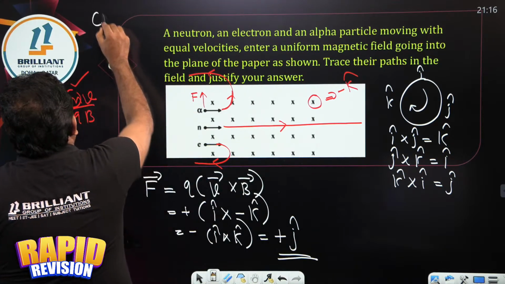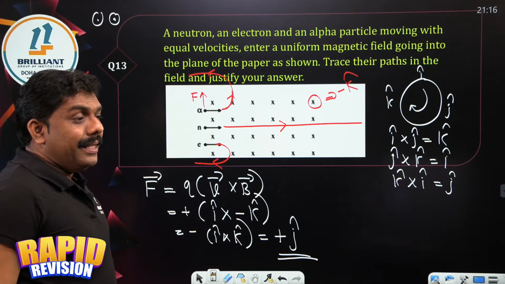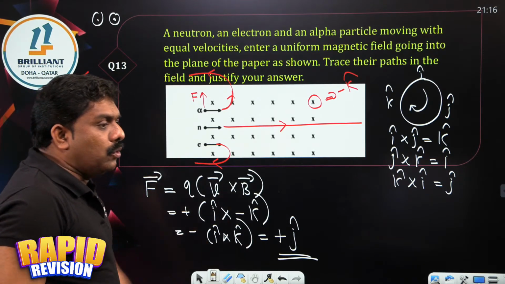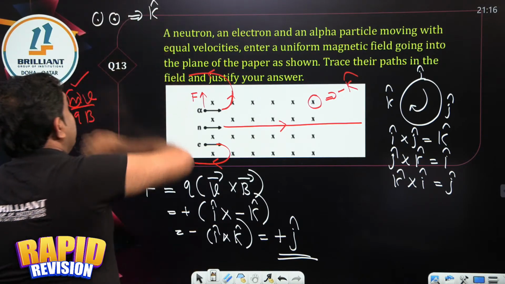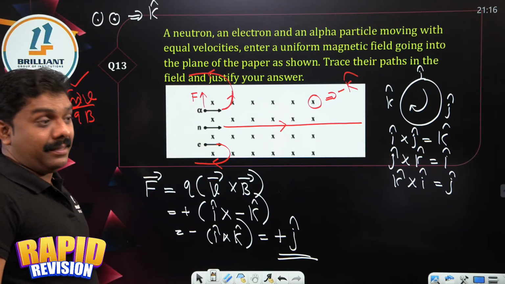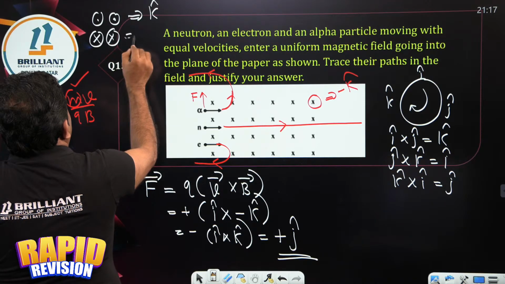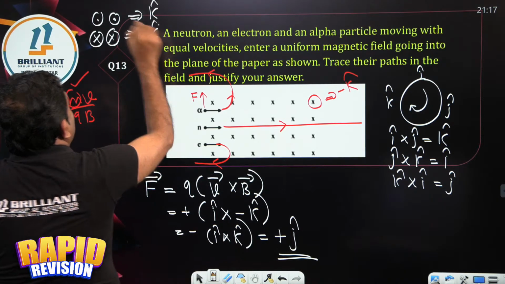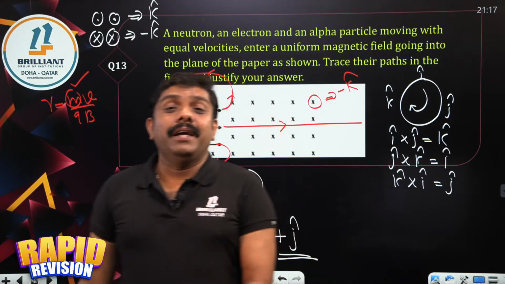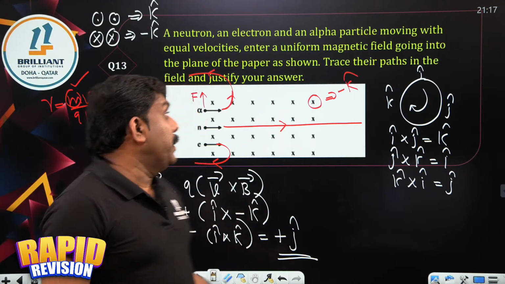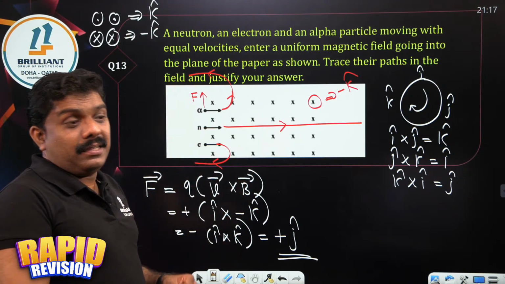If there is a field like this coming, what's the meaning of that? It is outward. So we can say that is denoted by k cap, positive z axis. If there is a field like this, what is the meaning? Inward, so minus k cap is there. If you have this idea, we can try all questions by using this cross product idea, and we can determine the directions.